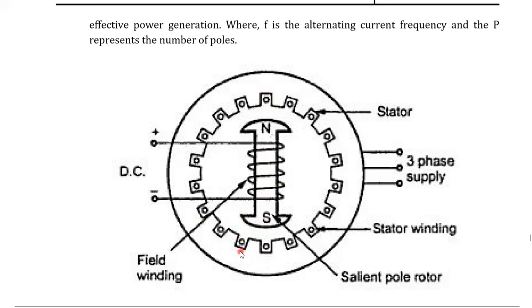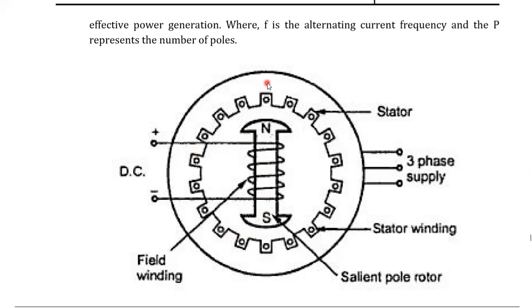So if the north pole is rotating, there is an attraction between the south pole and the north pole. Because of the stator, the north pole is rotating like this. This field is rotating in this manner. So the south pole is here, and there is an attraction between these two. Because of this attraction, the rotor is also rotating in this direction.